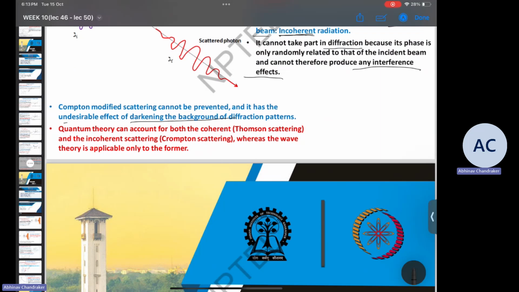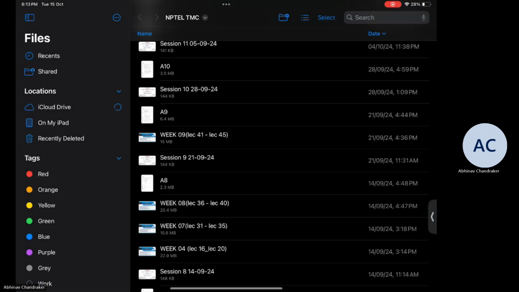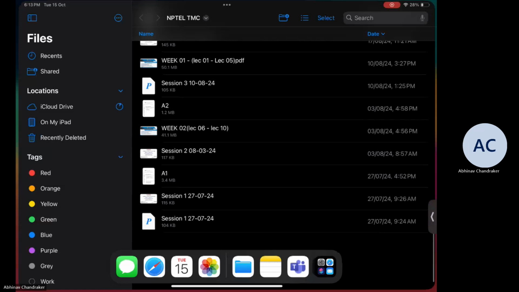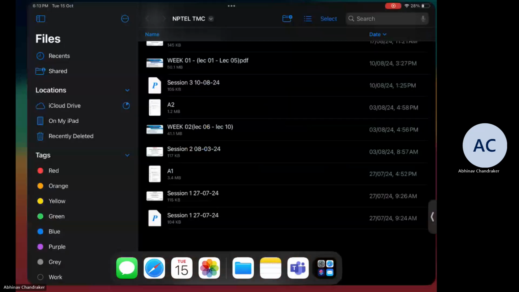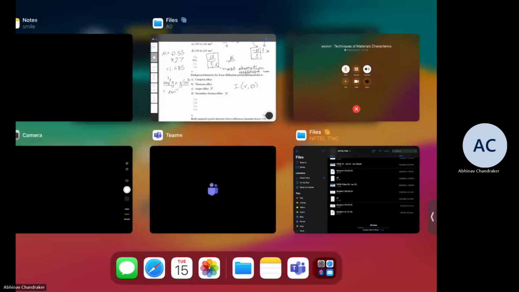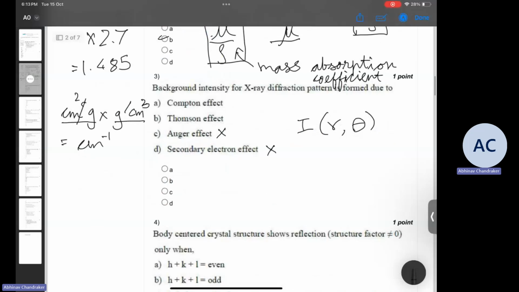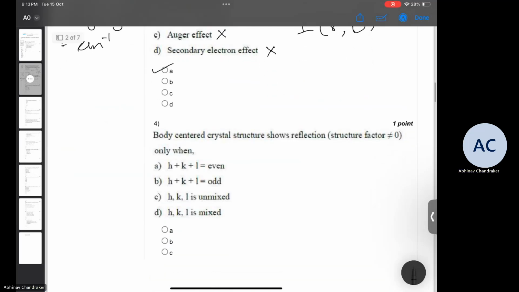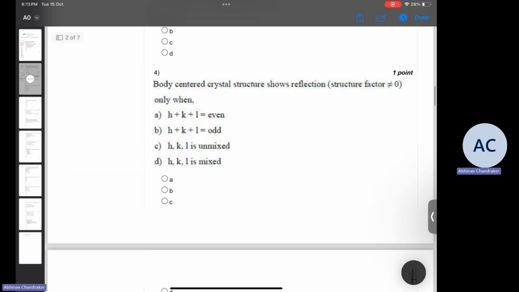So this will be our correct answer. X-ray diffraction happens by Thomson effect, but the background comes due to Compton effect. So our correct option is A.